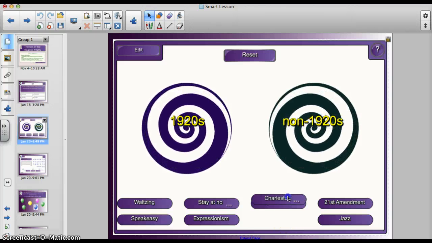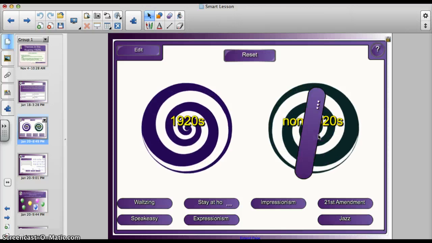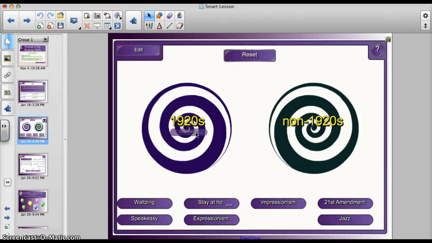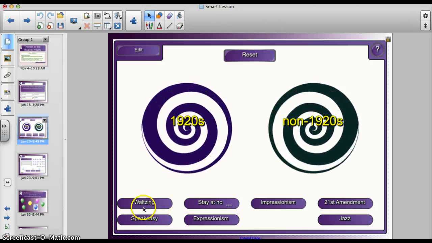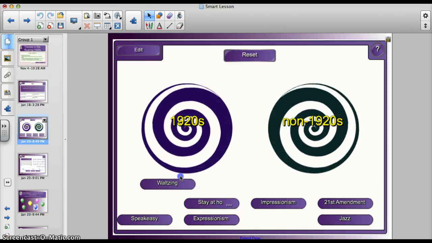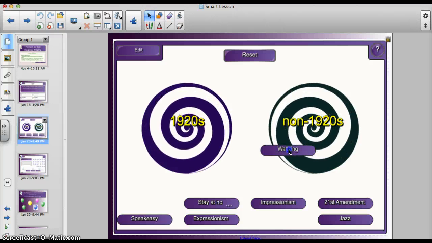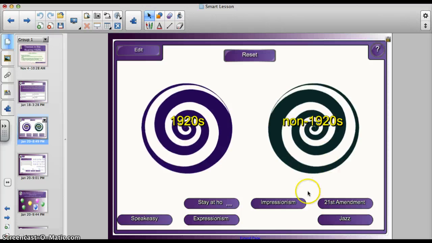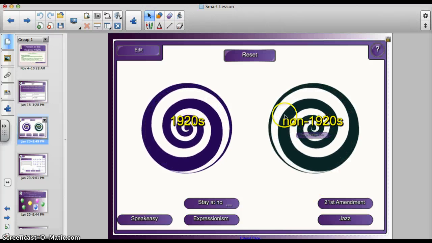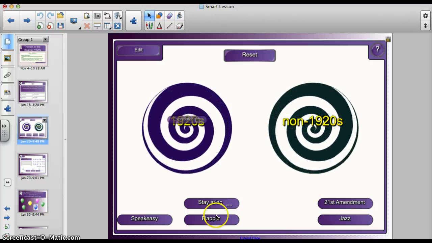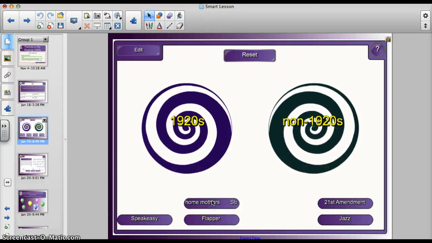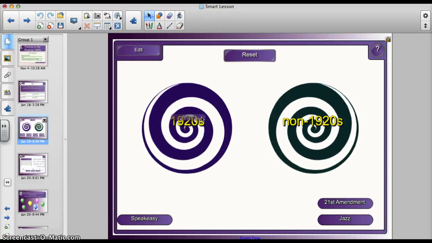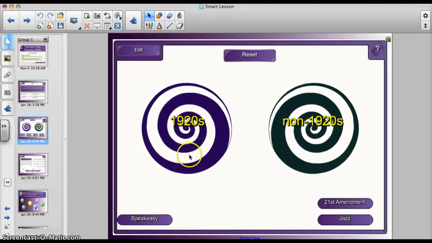Students might come up and put it in the non-1920s, but then it will spit it back out, so that means that they should put it in the 1920s. And then there's waltzing, the dance, so hopefully, the Charleston was 1920s and waltzing was not really that big then. Impressionism, they would hopefully put in non-1920s, Expressionism, stay-at-home moms, non-1920s, flappers, 1920s. So that's the gist of this slide.